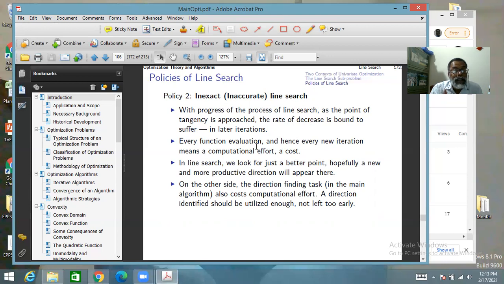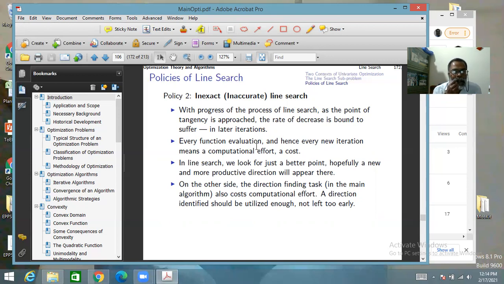But then if you go out too early, that means a direction which was developed by the main algorithm after some computation does not get searched enough. So we have to search this direction enough. We have to have enough iterations that this direction gets utilized to a good extent, and yet stop utilizing it further when the marginal improvements become very small.